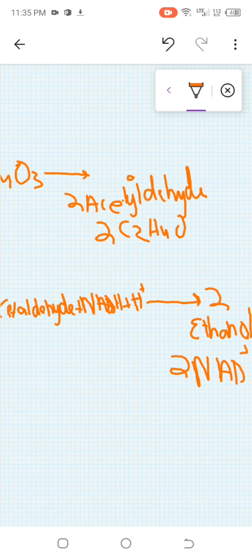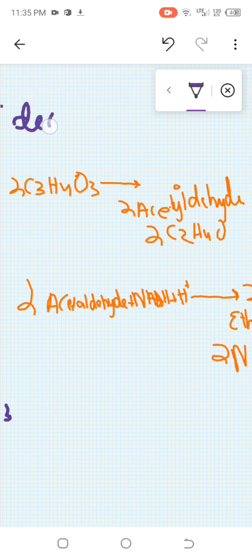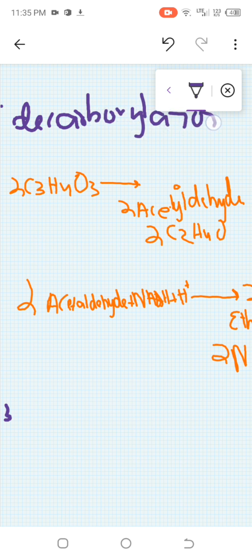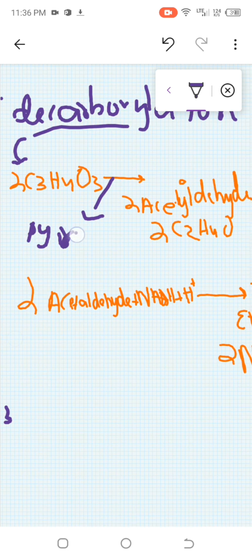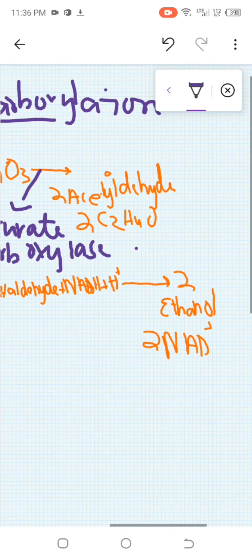And here decarboxylation will take place, and the enzyme used is known as pyruvate decarboxylase. So here we got the ethanol.